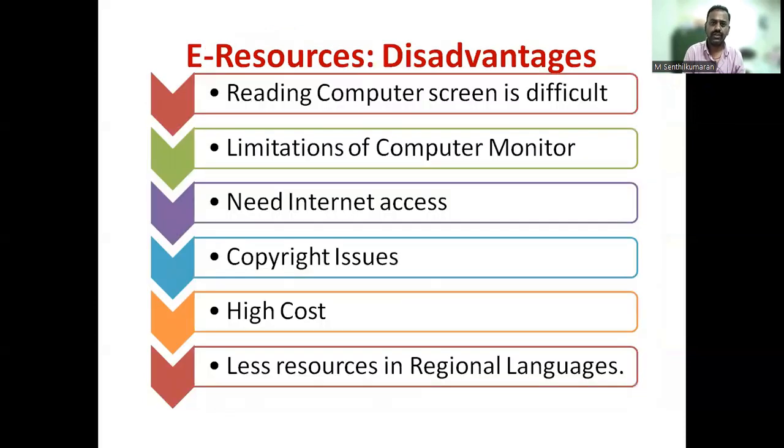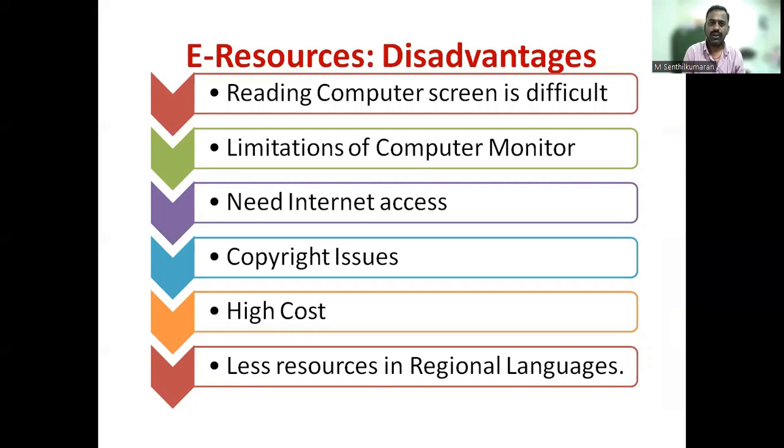The main disadvantages of e-resources are that reading on a computer screen is difficult for health and also for the user's eyesight. The limitation of the computer monitor is that it is visible only to a certain extent.